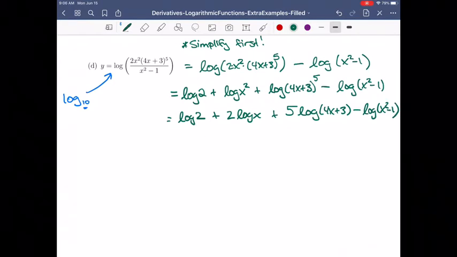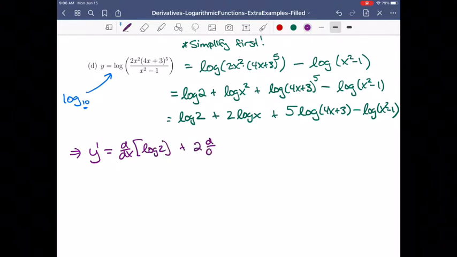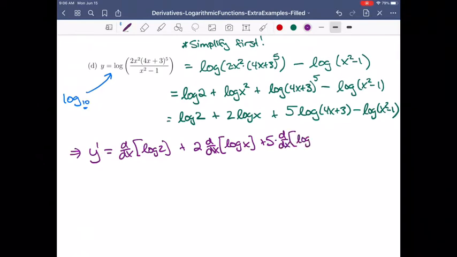Okay, so now that we've simplified, now we can take the derivative of each part. So it's going to be the derivative of log 2 plus 2 times the derivative of log x plus 5 times the derivative of log 4x plus 3 minus the derivative of log of x squared minus 1.